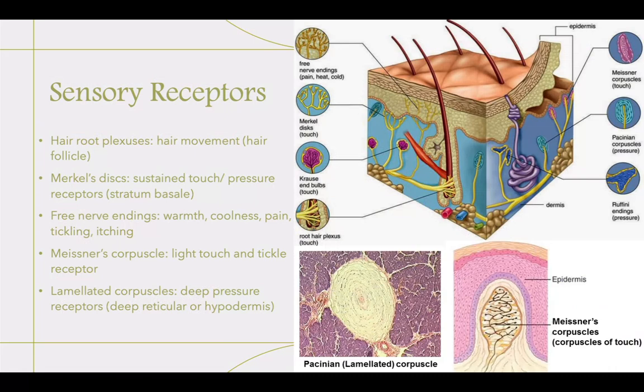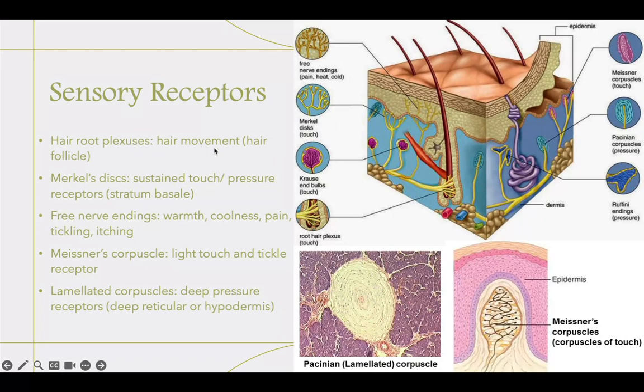Right? So first we have the hair root plexus. Okay, so we can see that the hair root was that internal portion of the hair follicle, and we can see that there is some sort of nerve ending. Remember, nerves are always going to be in yellow with anatomy. So we can see some type of nerve attaching to that hair root. So we call it a hair root plexus, plexuses, that's plural.